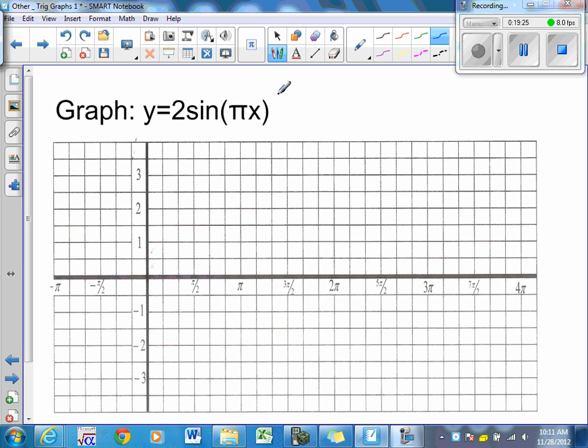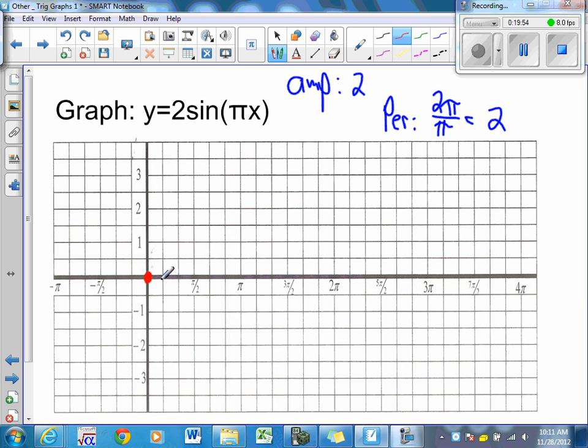Try another one. y equals 2 sine of pi x. So I got an amplitude change, my amplitude is 2. My period is 2 pi divided by the number in front of the x, which is pi. So my period is 2. So let's see, how do I graph that? Sine starts at 0, ends at 2.